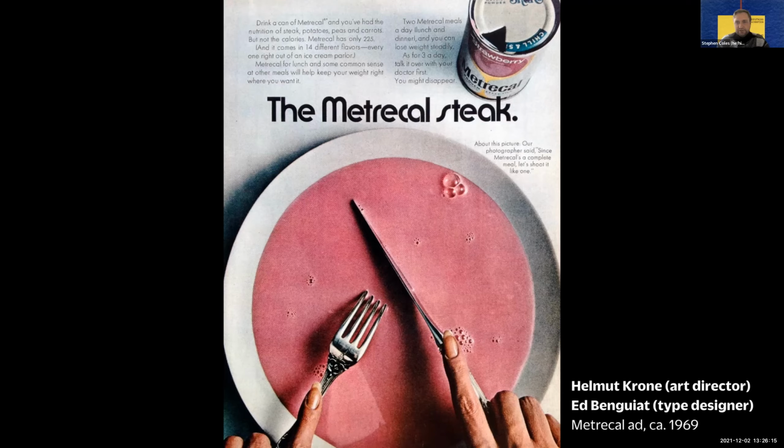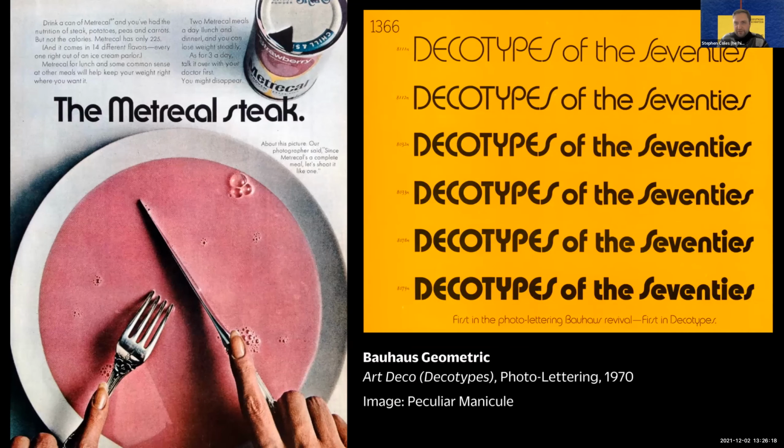And so the first edition of it was called Bauhaus Geometric and Bauhaus Alpha. And this is a specimen that was published in 1970 and called Art Deco, which again was mentioning this crossover between Bauhaus styles and Deco styles.